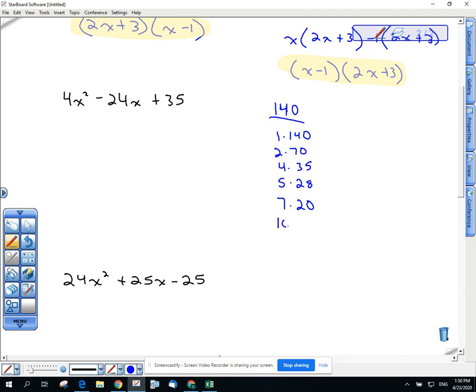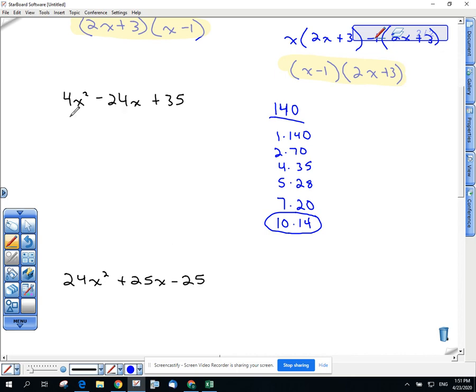No. 10 and 14. There's the one we want. After all that somewhat trial and error, and I don't confuse the words trial and error. We're going to actually use the term trial and error for factoring in section 9.6. But just try this until I come up with the right one. Oh, 10 and 14 do add up to 24.